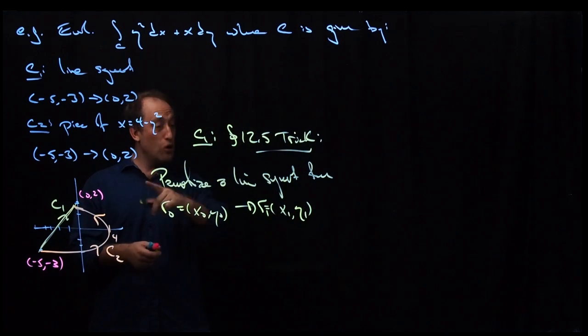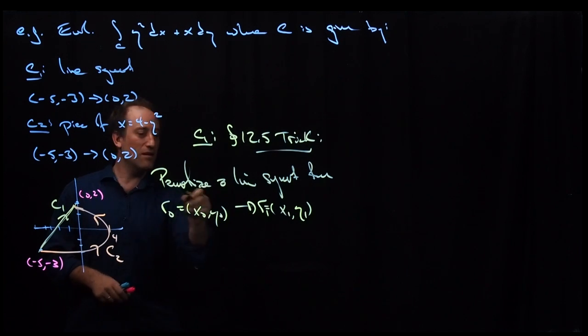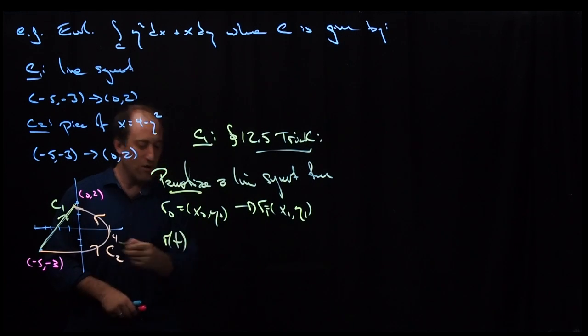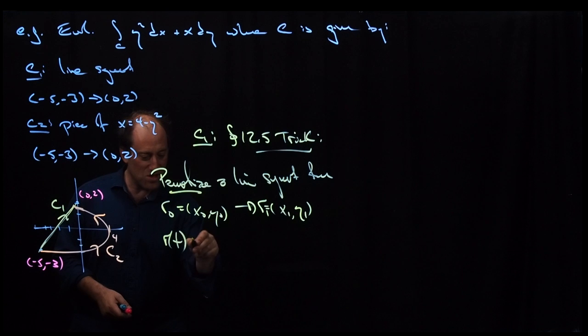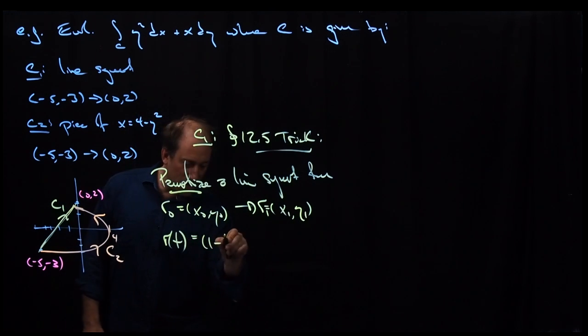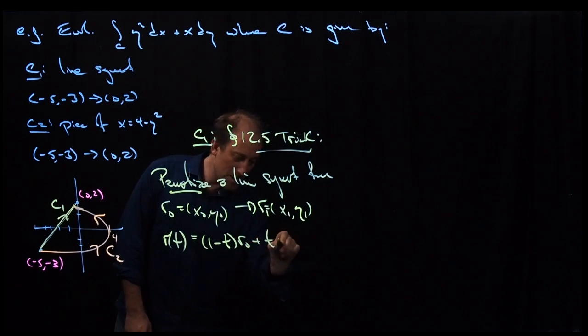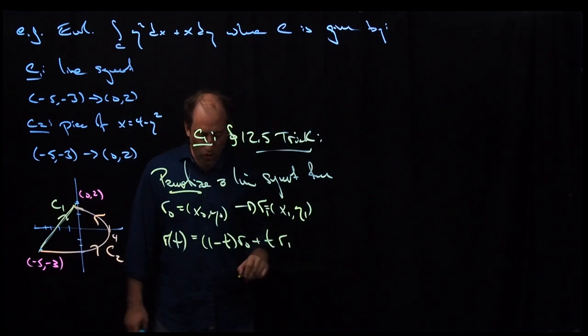In any case, to parameterize this line segment, I've got that R(t), the position vector for the line segment, is equal to (1 minus t) R0 plus t R1.